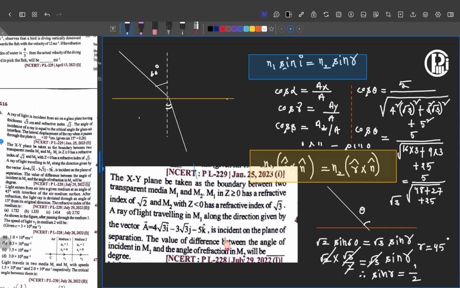Now what is the angle? The difference between the angle of incidence and the angle of refraction is how much? 15 degrees. Therefore the answer is 15 degrees, right? Sorry for the calculation mistake.